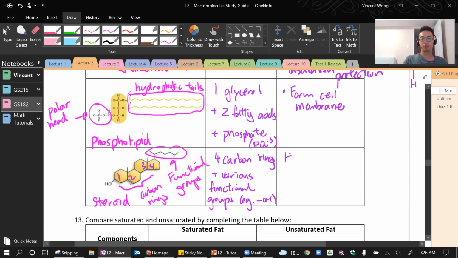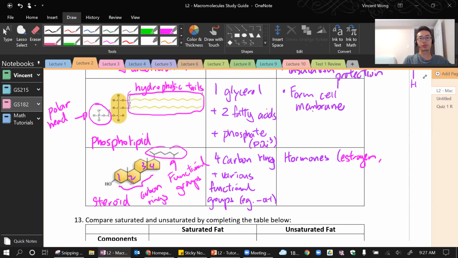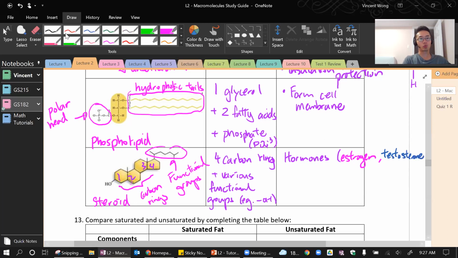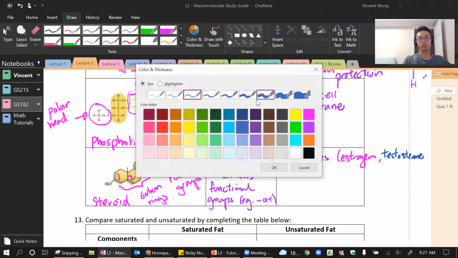As for the function of steroids, we use them as hormones in the body. Any examples of hormones? Do you guys know any sex hormones, male, female hormones in the body? Anyone? Estrogen. That's right. So estrogen is a steroid hormone. Testosterone, for male, is another steroid hormone. And you make them from cholesterol.